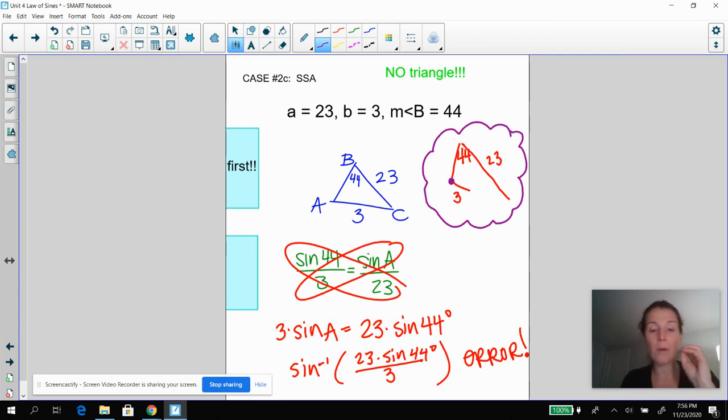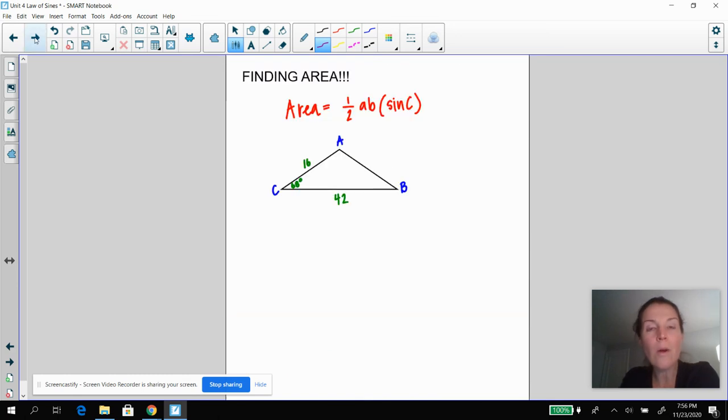All right, one last thing I wanted to make sure that I presented to you, and then you are home free, is you also can find the area of a triangle using sine, which is kind of cool. Now notice this has to be a side-angle-side situation. So I've got a side, an angle, and a side. And all you have to do here is plug this information into this equation.